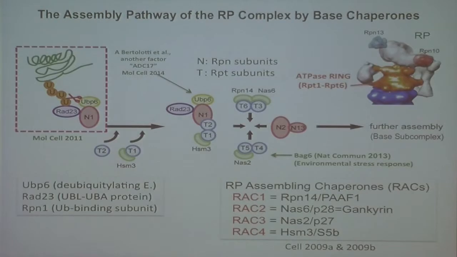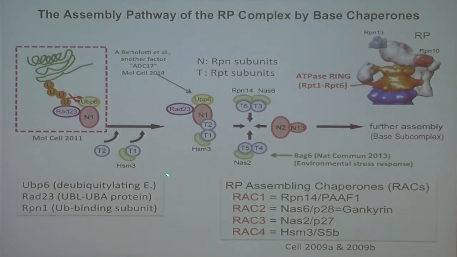How about the regulatory particle? This is just to summarize the assembly pathway of the RP complex. Fortunately, we found four RP-specific chaperones. We named them DAC 1, 2, 3, 4.